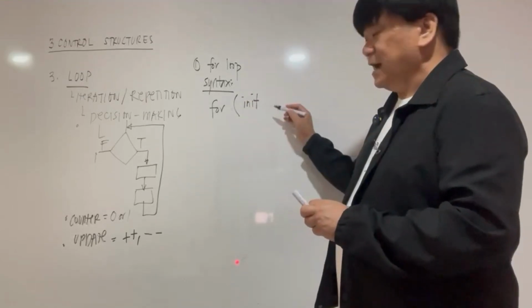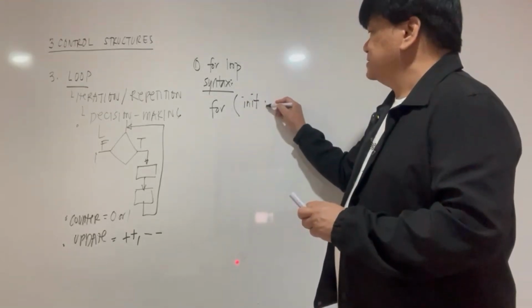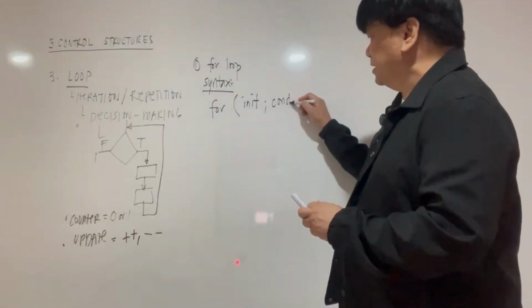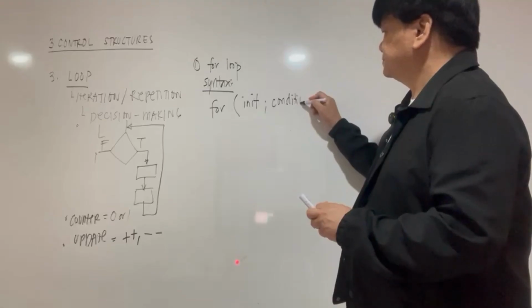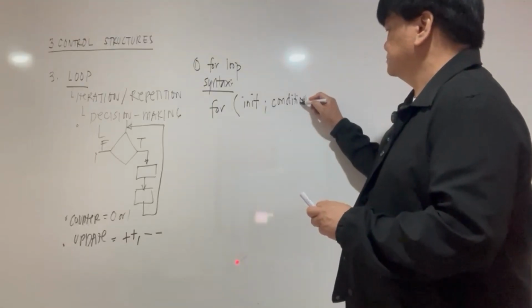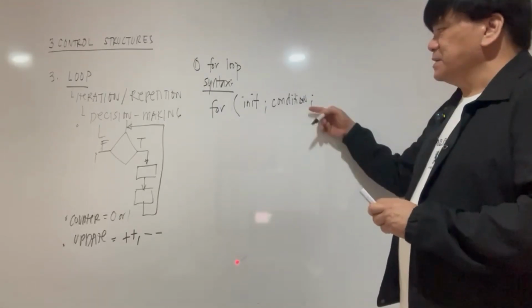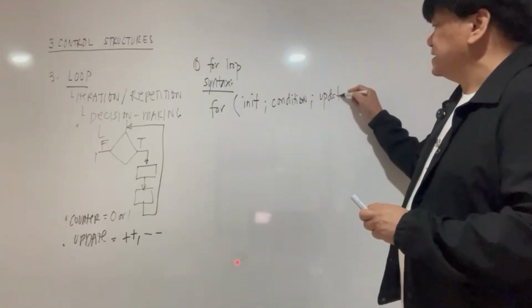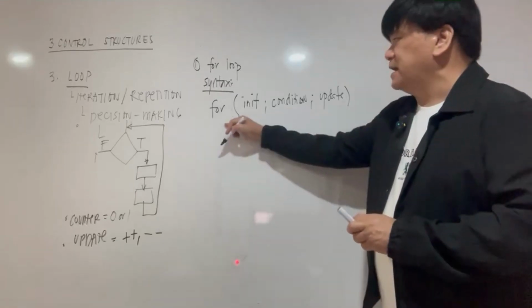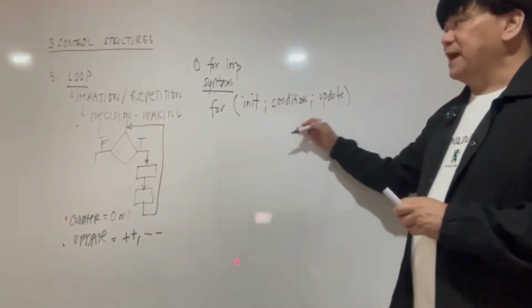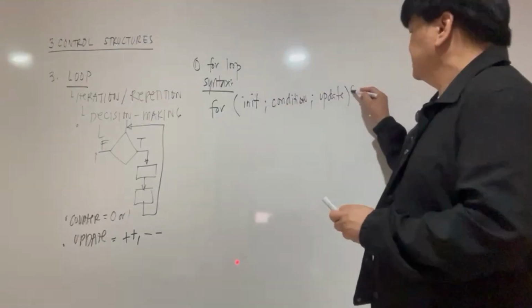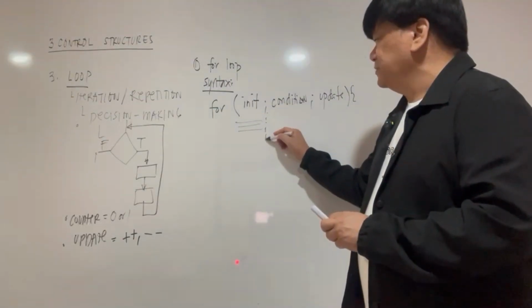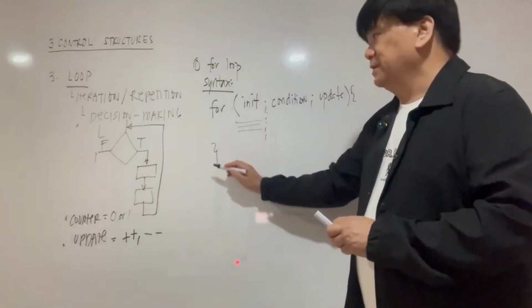Let's use init, then semicolon, then there is the condition, and then semicolon, and then the update. So this is actually the structure of the for loop, and inside are the statements to be executed under the for loop.